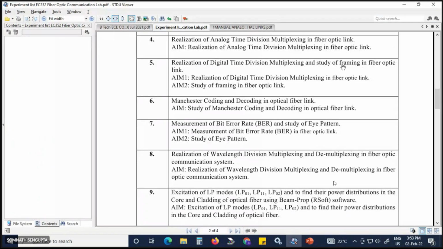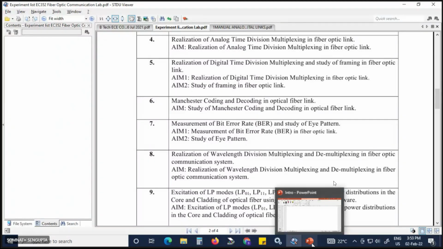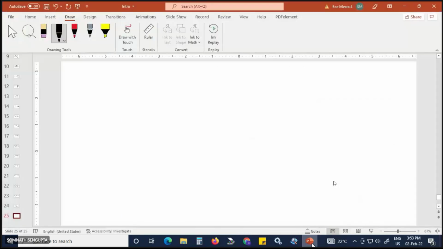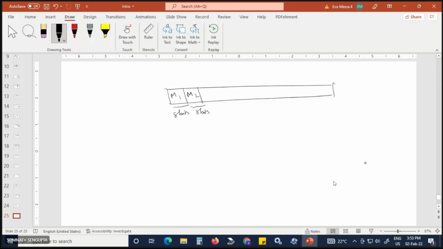There is a frame, and it starts with markers. There are two markers of 8 bits, generally, and this is one frame.